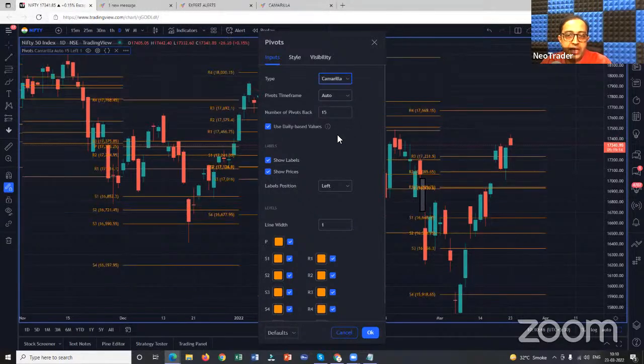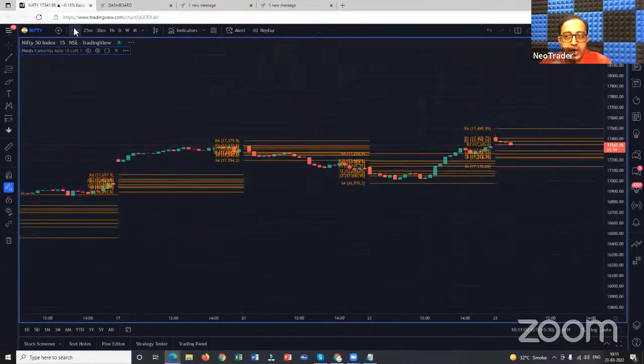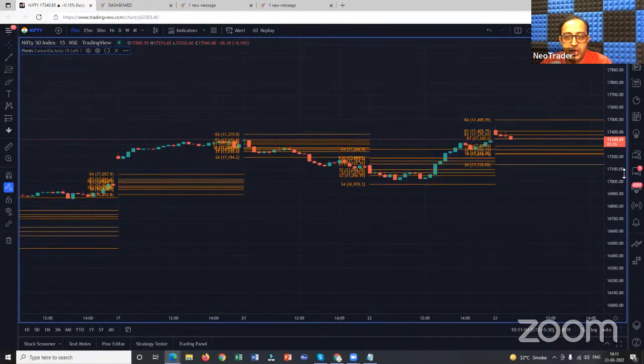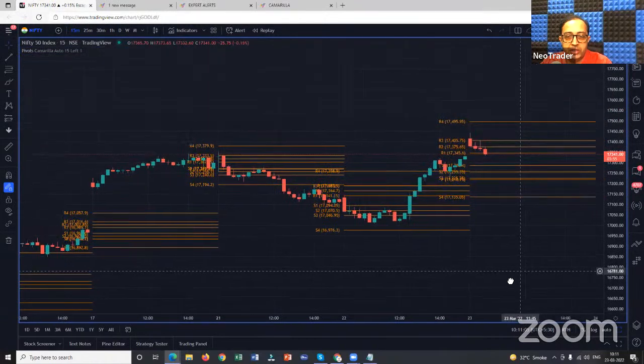So the moment I select Camarilla pivot here, I can see that this is how the whole shift is. You can see here now it is changed and the time frame changes automatically. अगर आपने daily डाला तो weekly pivot लग जाएगा. अगर आपने intraday डाला तो automatically वो daily pivot लग जाएगा.